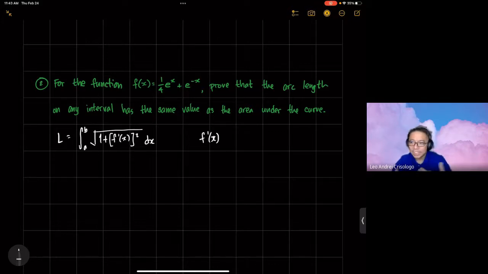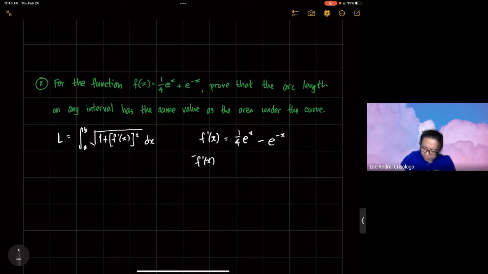Kasi medyo, siya eh, invariant siya sa kung ano-anong, sa mga calculus na operations eh. Invariant, it doesn't change. So its derivative will be 1/4 e raised to x minus e raised to negative x, di ba?